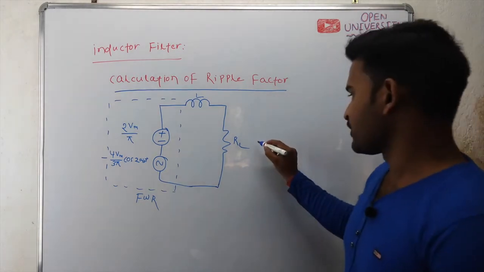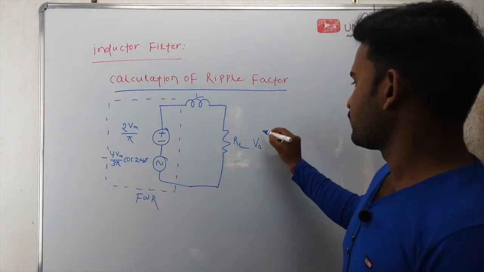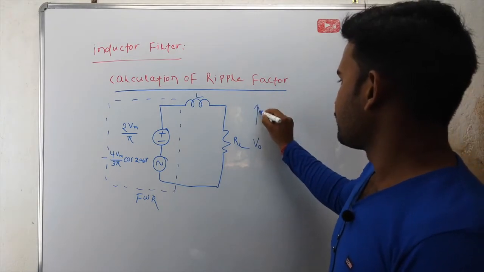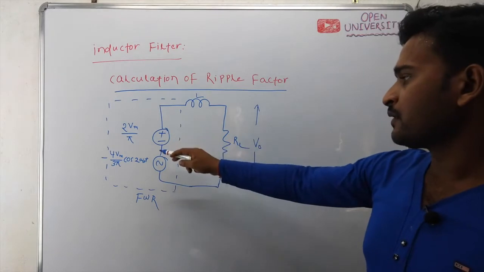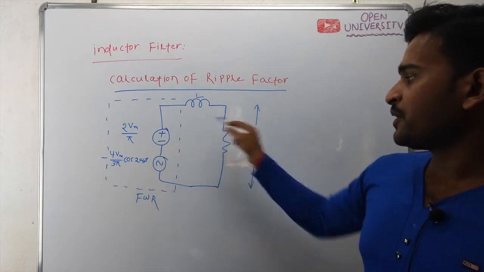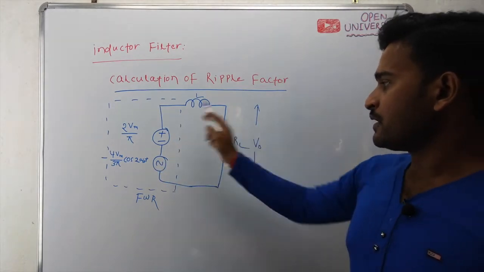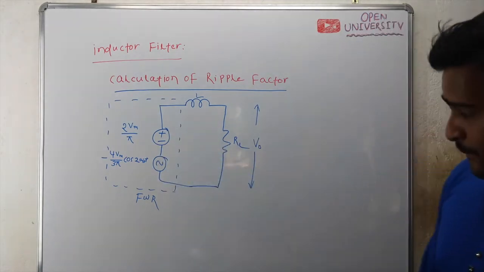This is your output voltage V0, the output of the inductor filter. I am connecting the inductor filter with the full wave rectifier.